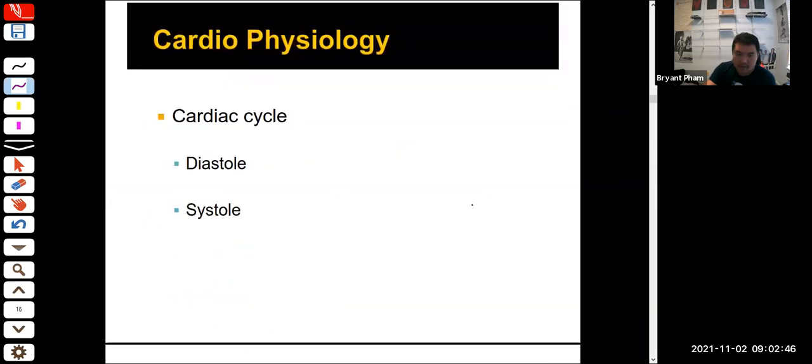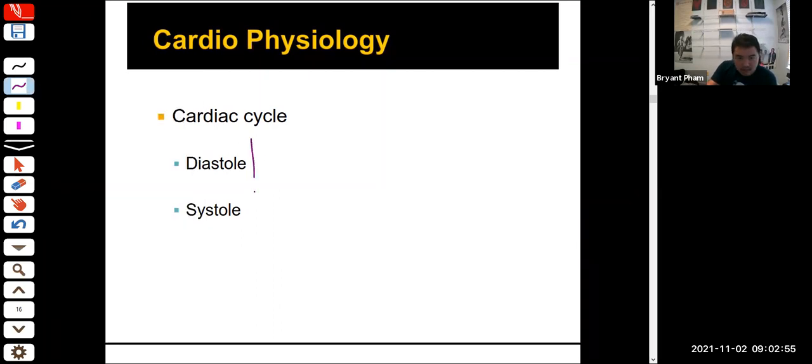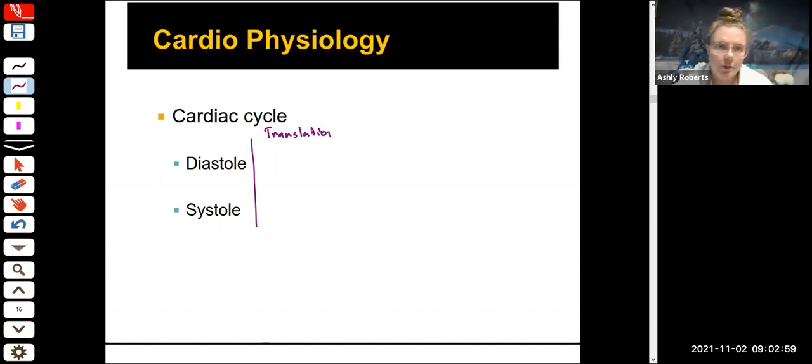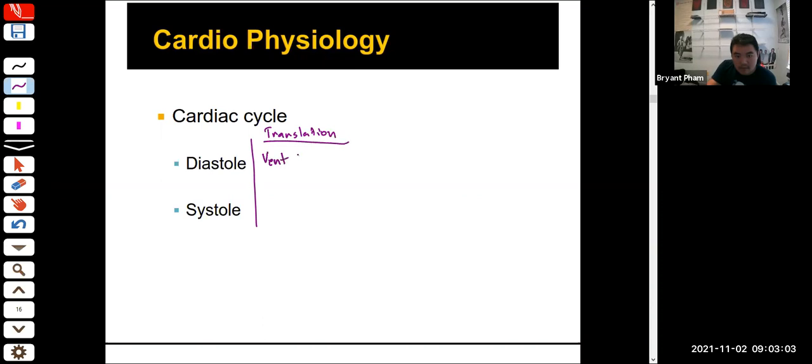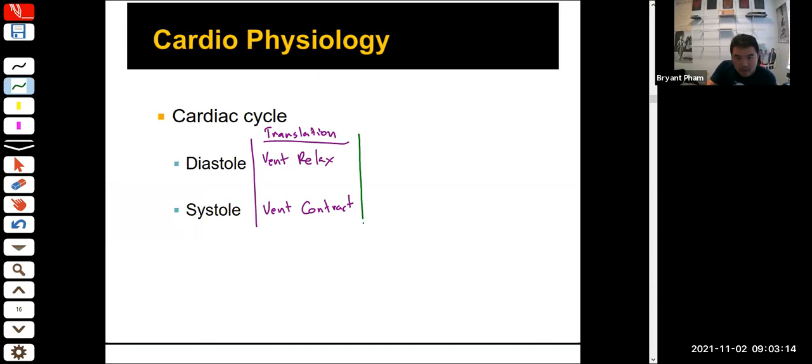All right, so just a little recap here. Your cardiac cycle, 2 steps, diastole and systole. What does diastole mean? Ventricular relaxation. Nice. Vent relax, therefore that's vent contract. What about your atria?